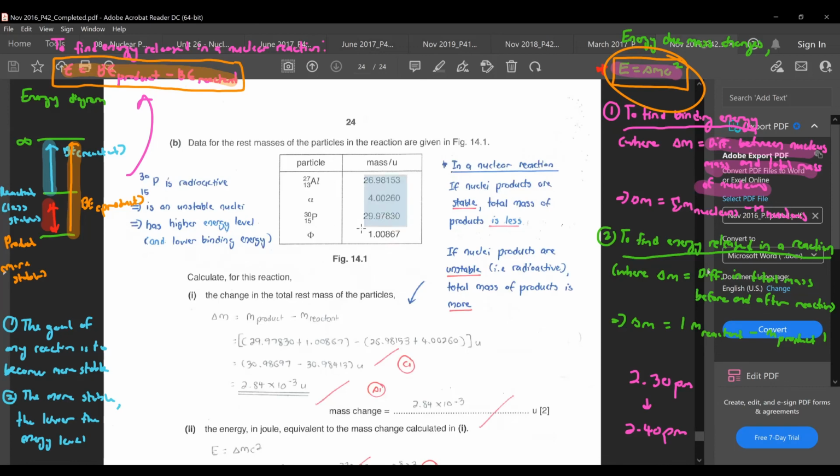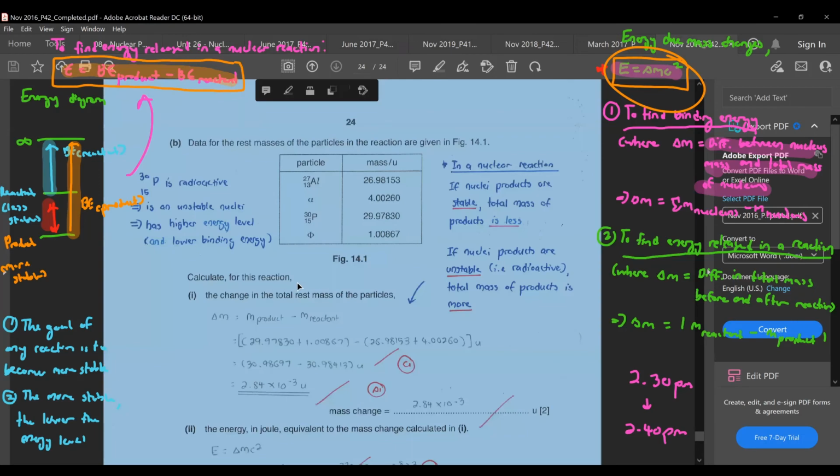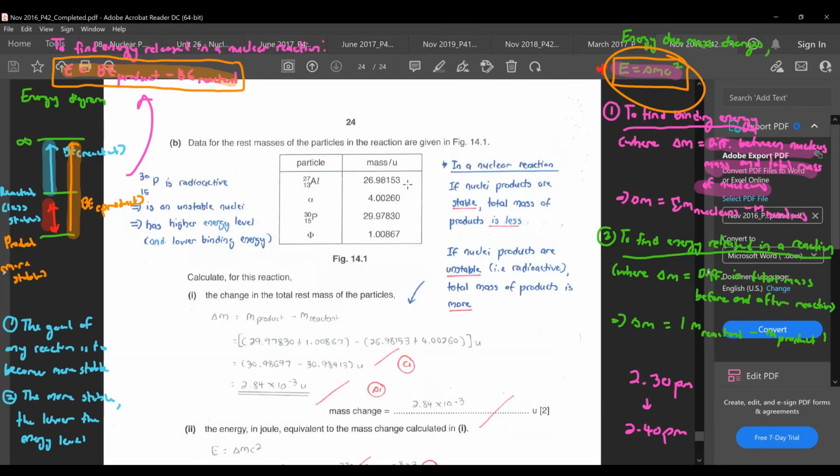Make sure you use the full values given inside the table, don't ever round them up. If you sub them in this equation to find the mass of the product and the mass of the reactants, you should eventually get this answer. Your mass defect is 2.84 times 10 to the power minus 3.